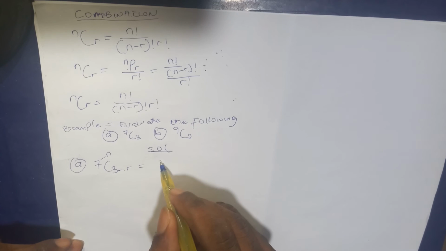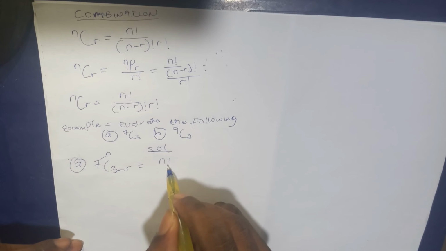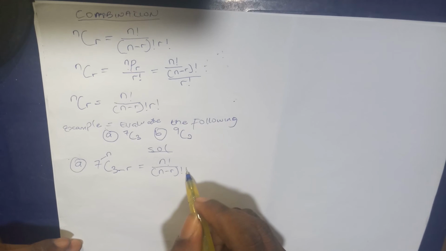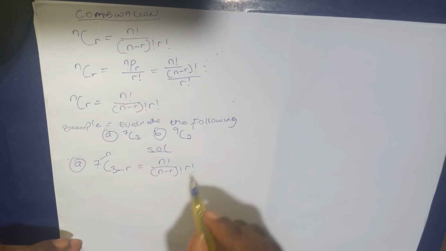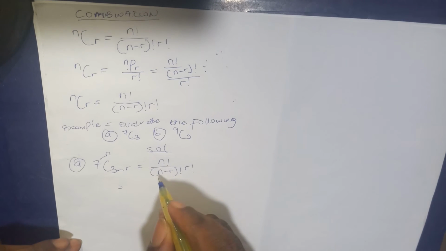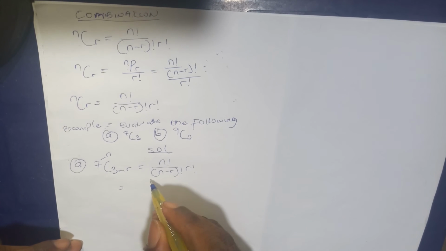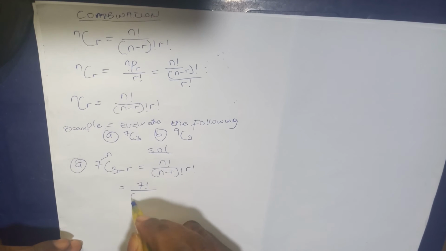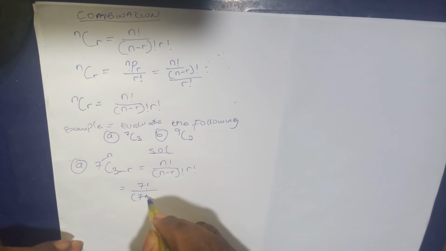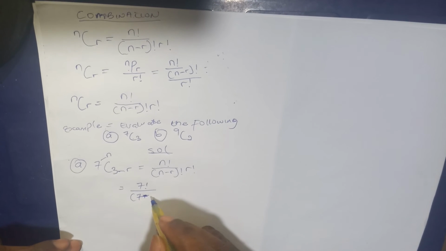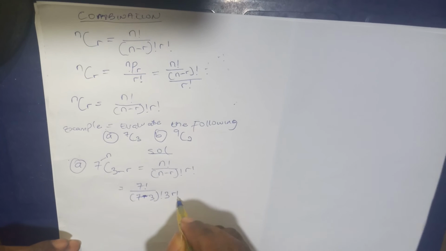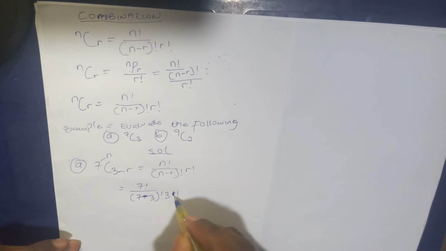So using this n factorial all over n minus r factorial r factorial. Now since our n is 7, we have 7 factorial over open bracket 7 minus our r, which is 3, close bracket factorial, then 3 factorial, because it's our r, 3 factorial.